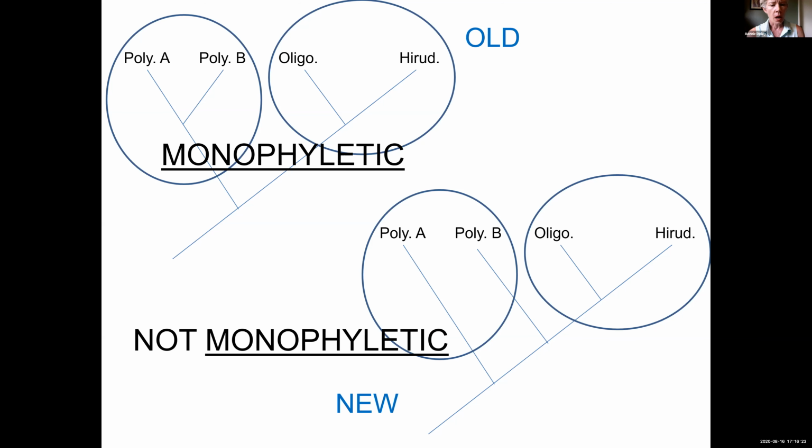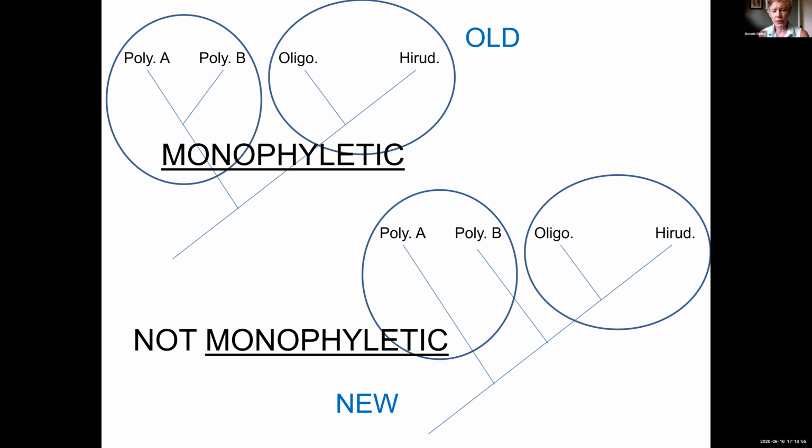All right, so polychaetes, we used to think that all polychaetes were monophyletic, they all belong together, and then there was this branch over here that the terrestrial annelids all belong to. So in this case, if this were true, then we would have the oligochaetes and Hirudinea together as a monophyletic group, and then all the polychaetes over here as a monophyletic grouping.